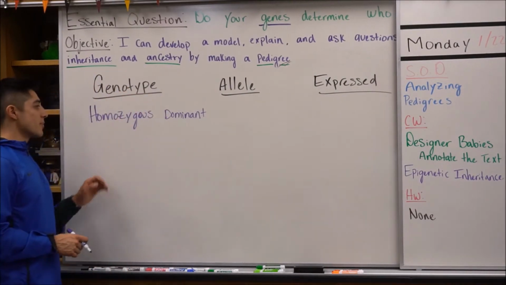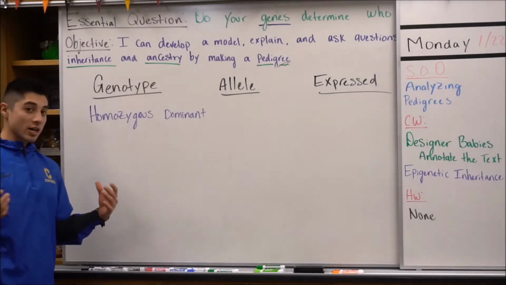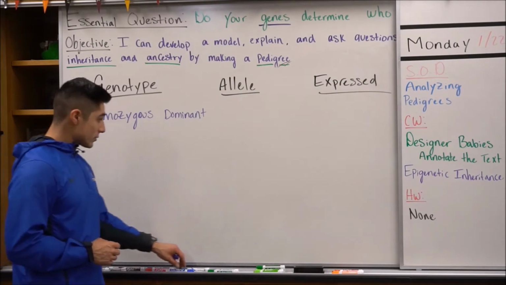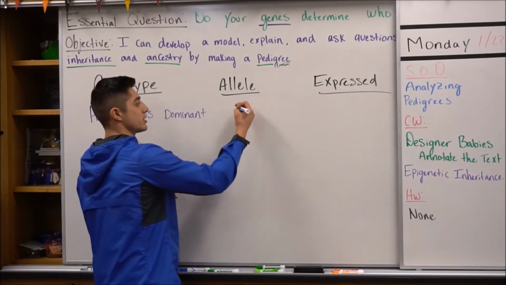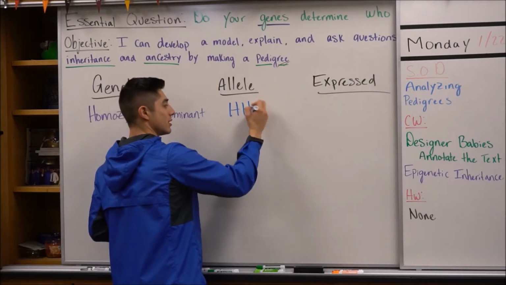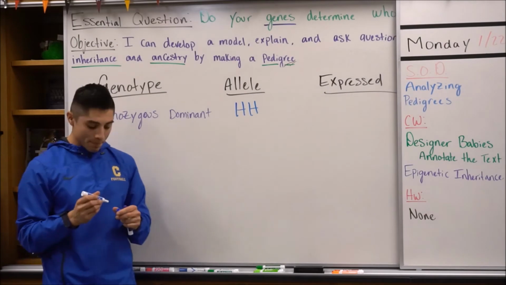Homozygous tells us that it's the same. So if we're using H's for the alleles, then what we're going to see here is uppercase H and uppercase H, just like that. So that's homozygous dominant.